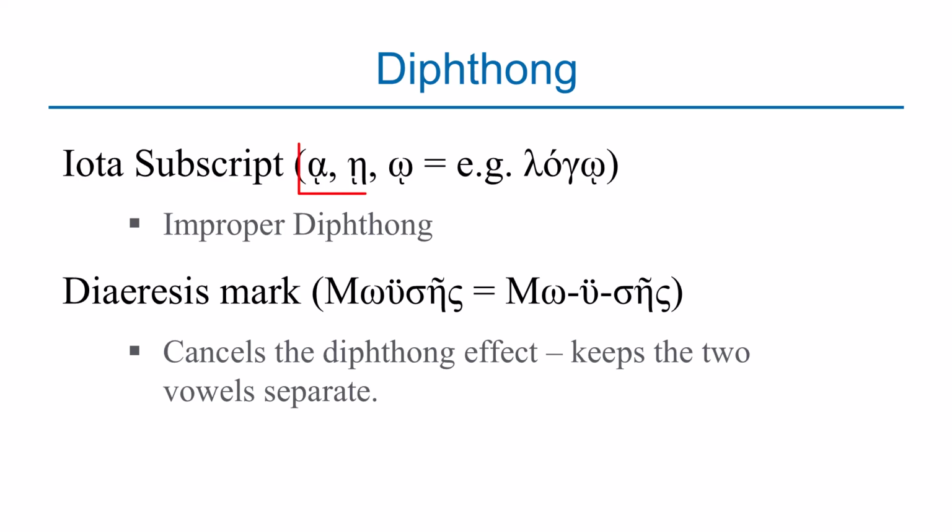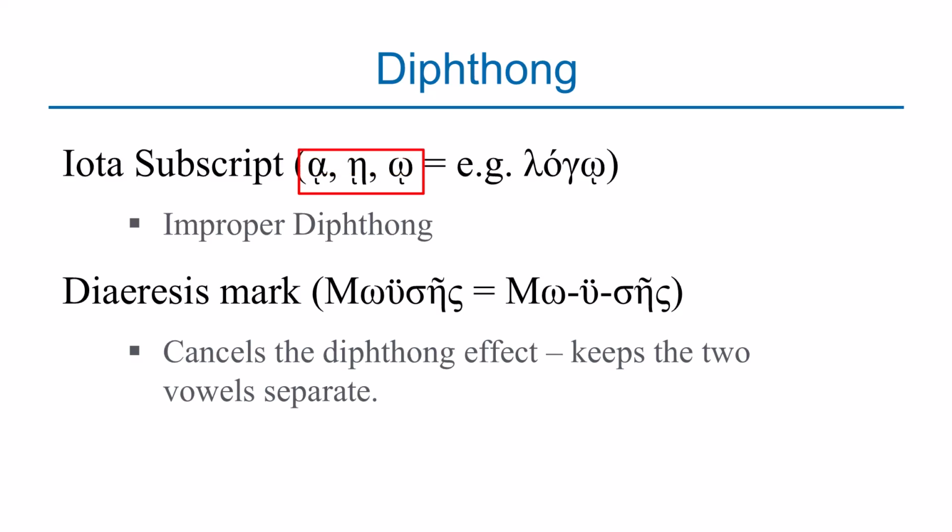In the example given there, you have alpha, eta, and omega, and under each of those letters you have iota, which is subscripted, or written under. So these qualify to be a diphthong, but they are a special kind of diphthong. Instead of writing the iota after alpha or after eta or after omega, the iota is subscripted, written under each of those letters.